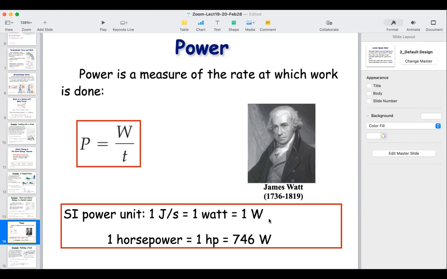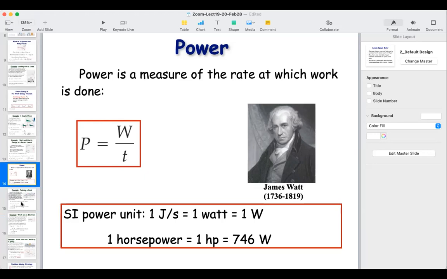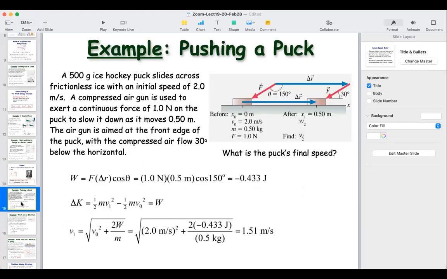And I'm sure you have seen it many times in all the electronic devices that you are using, or in the car, where, as you see, horsepower is 746 watt. And this is another definition. So let's see another example.